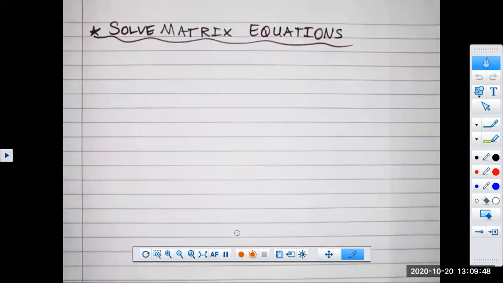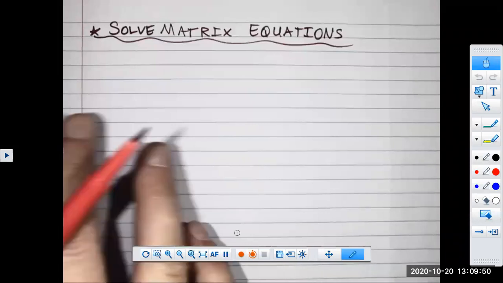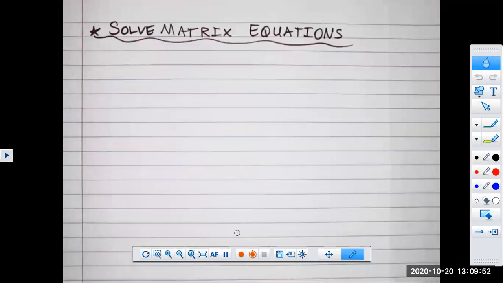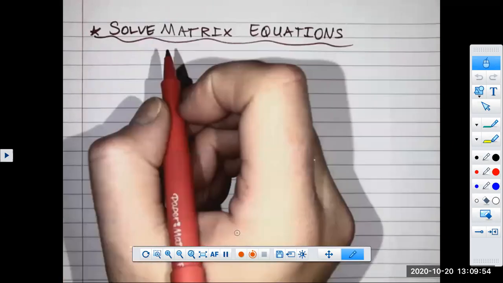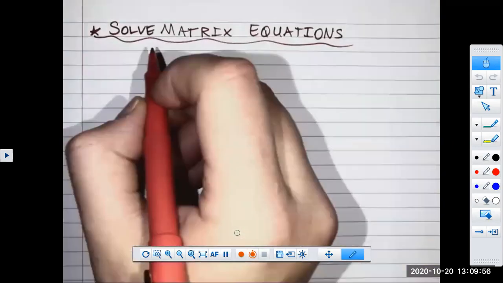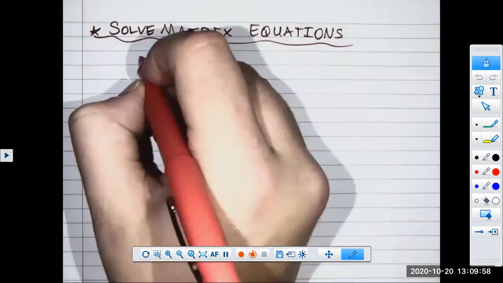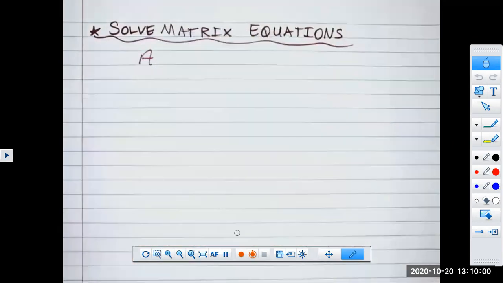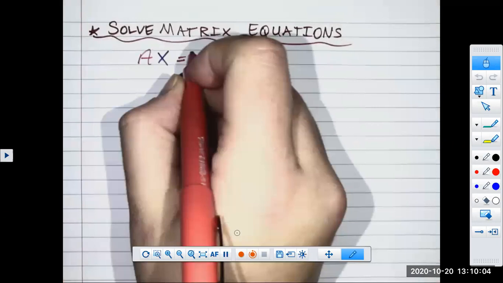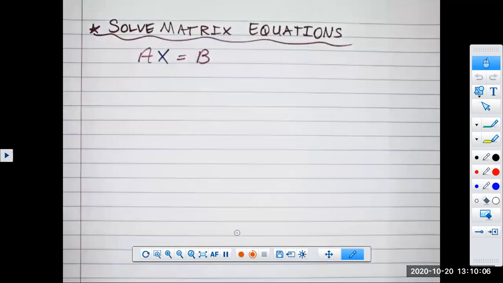So if you're still kind of iffy on multiplying matrices, it's blended in with these examples. Your matrix equations are going to look like this. Let's say I've got some matrix A multiplied to some matrix X equals some matrix B. How would you solve for X?